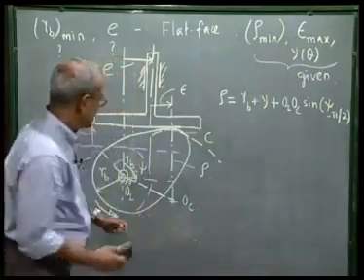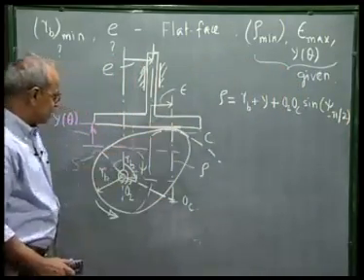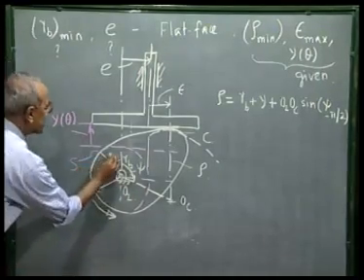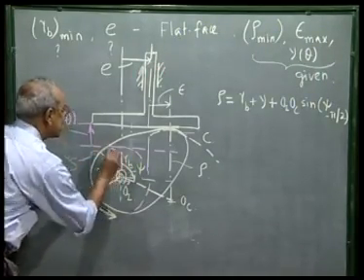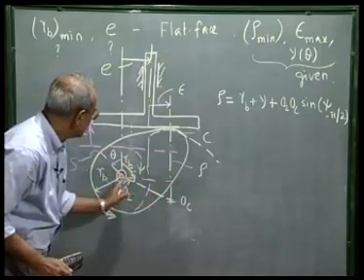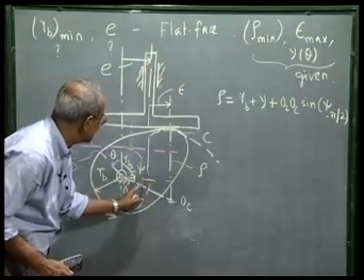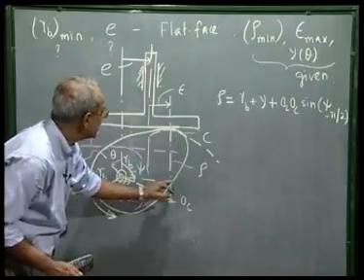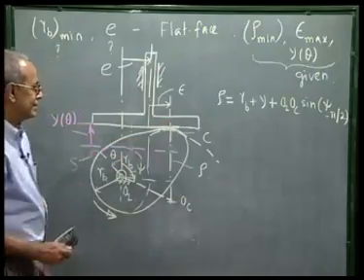Let me repeat. The radius of curvature at this instant, when the cam has rotated through an angle theta, is O2OC sine of psi minus pi by 2, plus RB plus y.